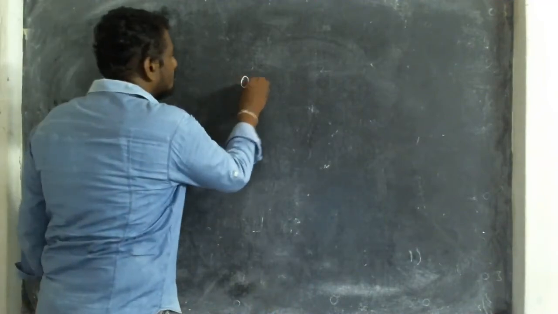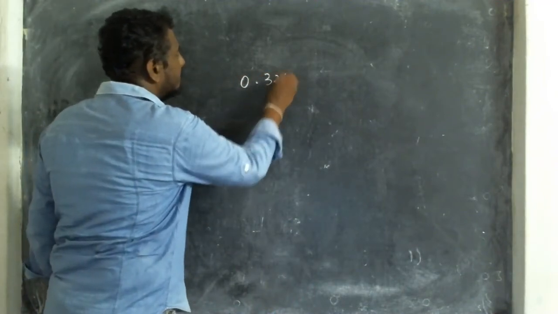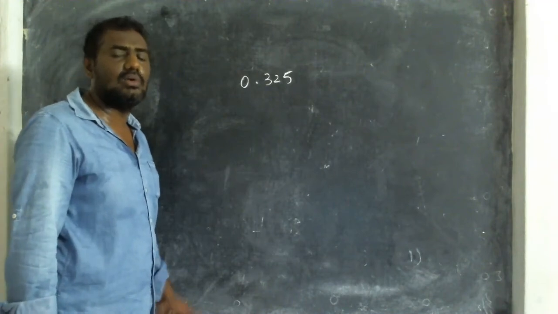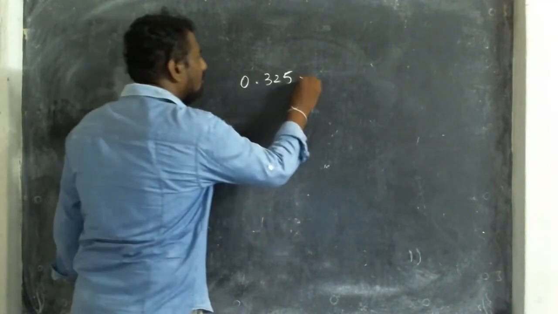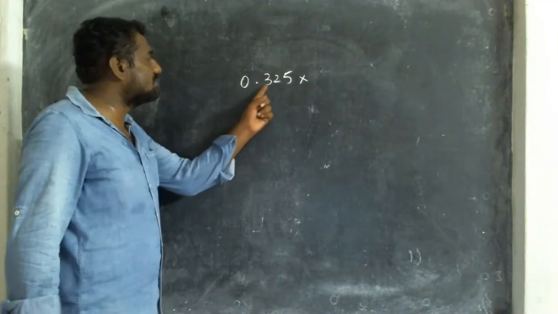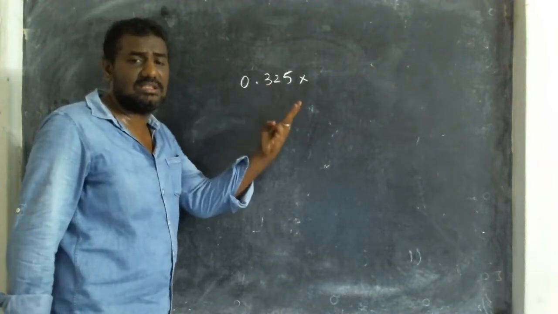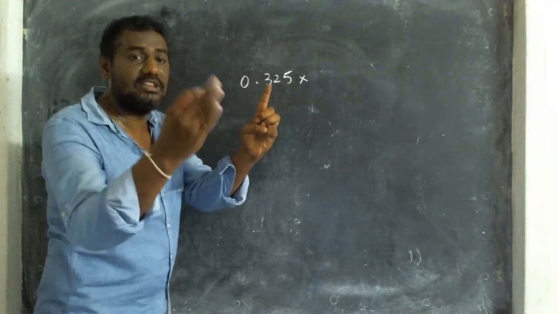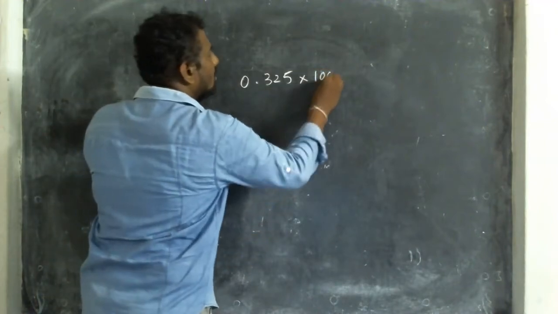Suppose 0.325 is there. We have to convert this number into P by Q. How to convert? Very simple, by multiplying. After the decimal, how many numbers are there? 3 numbers are there. Means you have to multiply with 1000, 1 followed by 3 zeros: 1000 by 1000.